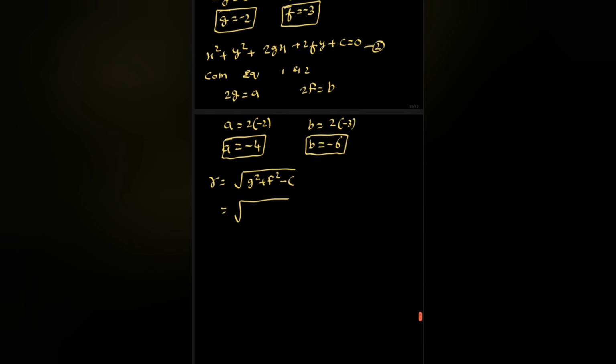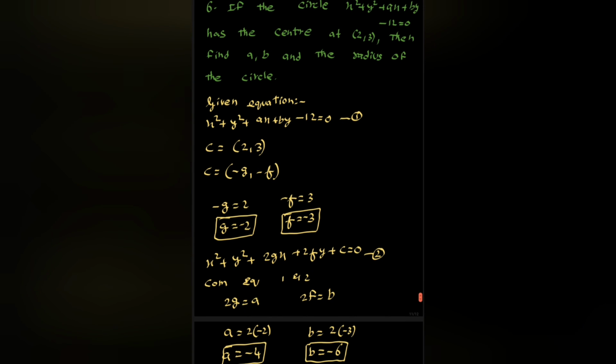So what is g? g is equal to minus 2 and f is equal to minus 3. So minus 2 whole square plus minus 3 whole square minus, and what is c? That is minus 12.